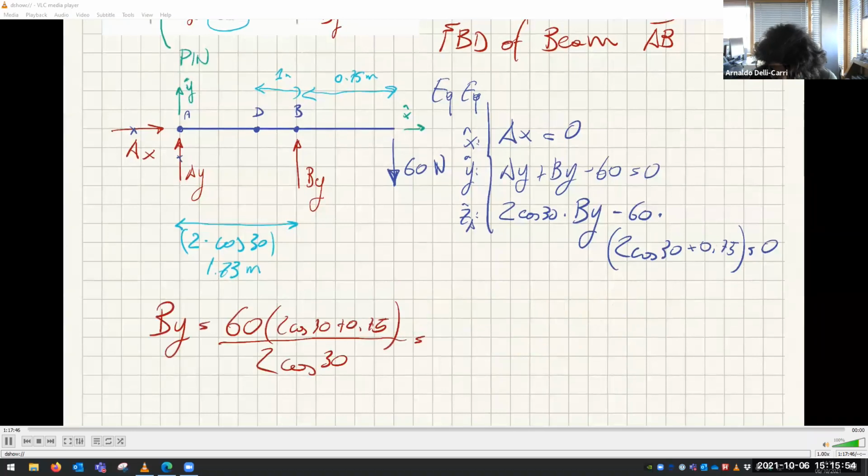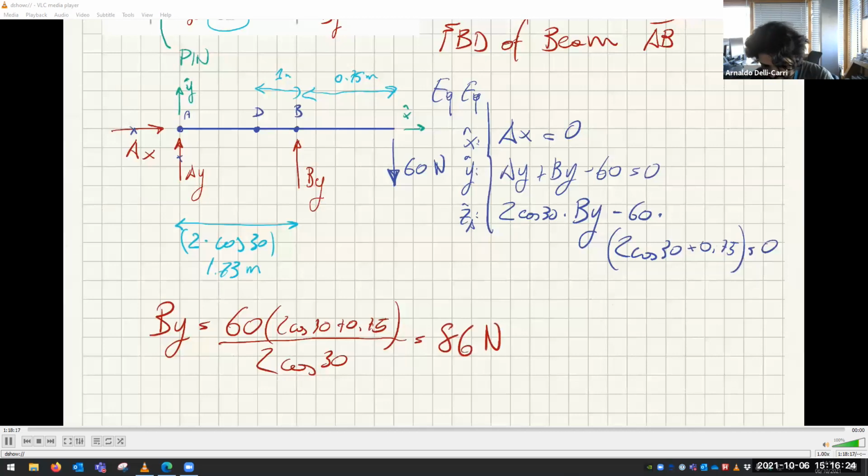So if I do the inverse of this times 1.73 plus 0.75 times 60 divided by 1.73, it should be about 86 newtons. 86 newtons.